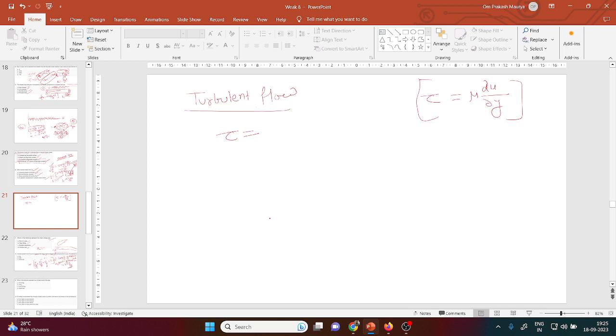But in case of turbulent flow, it is the eddy viscosity and du by dy. This mu is your fluid property, and this is due to your flow.